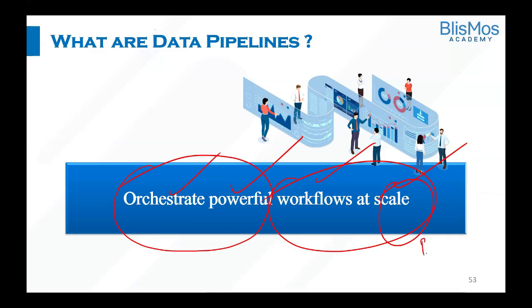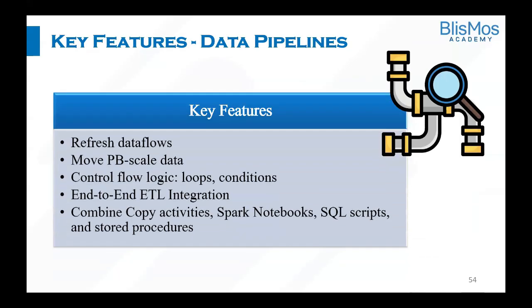Scale means as big data engineering flows as possible. Means a lot of workflows, right? When you have a lot of workflows that need to be orchestrated, that is when you resort to data pipelines. Some of the key features of data pipelines are we can refresh the data flows. We can move petabytes of data from one place to another place. You can also introduce loops and conditions within the pipeline, and you can do end-to-end ETL integration.